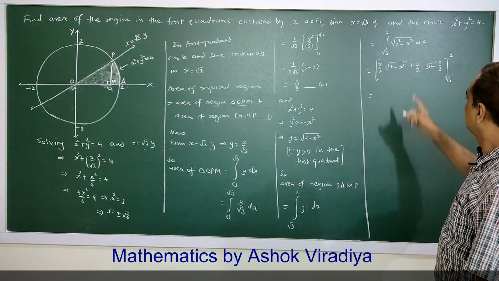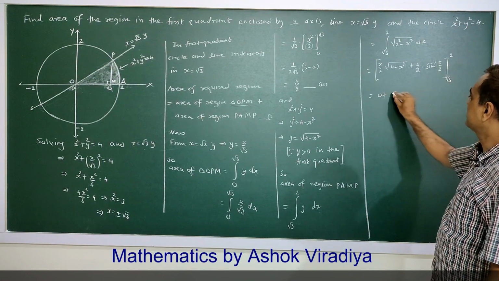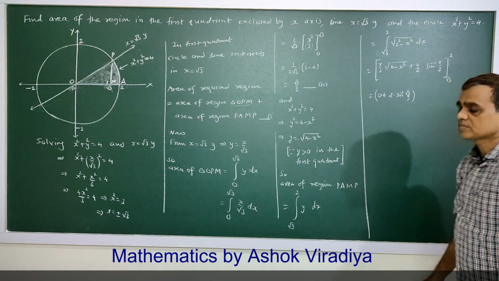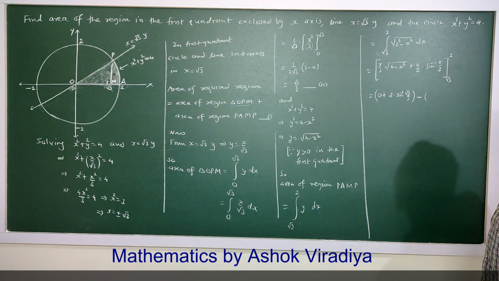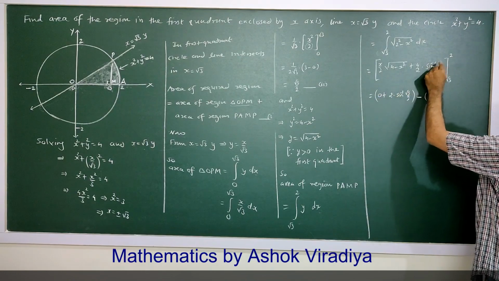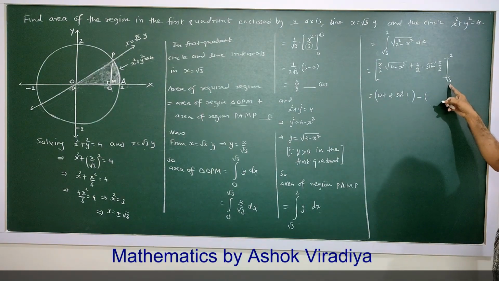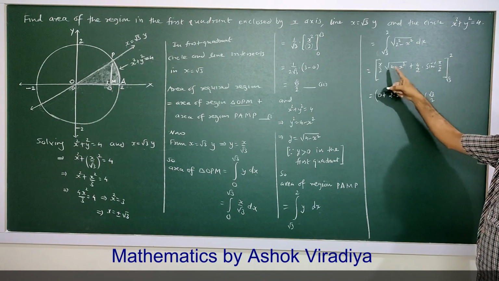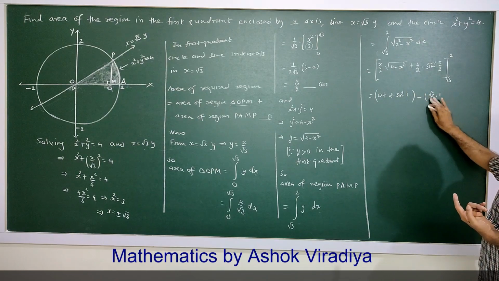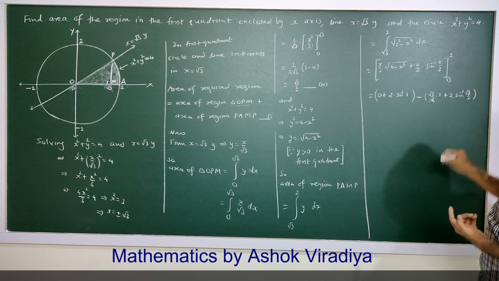Now putting the value, putting here 2, this will be 0. 0 plus 2 times sine inverse 2 by 2, which is 1, minus, putting root 3, root 3 by 2 into 4 minus 3, which is 1, so root 3 by 2 into 1 plus 2 into sine inverse root 3 by 2.